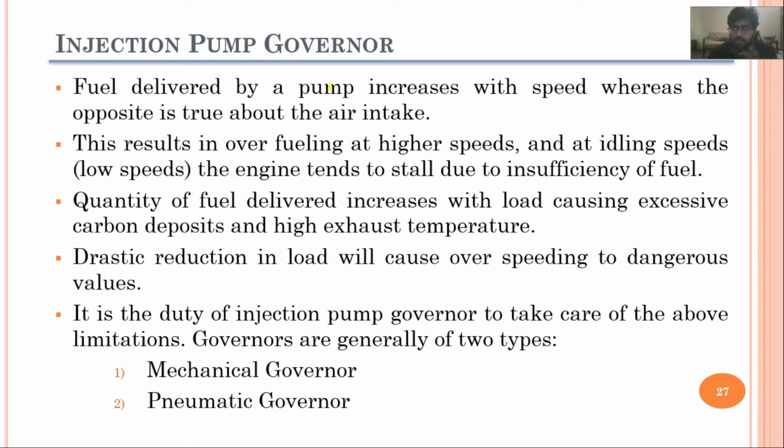And how do they control it? They control it by adjusting the rack, the combination of the rack and pinion, by either increasing the effective stroke length or reducing the effective stroke length. That's how these governors control the amount of fuel which is to be injected into the combustion chamber.